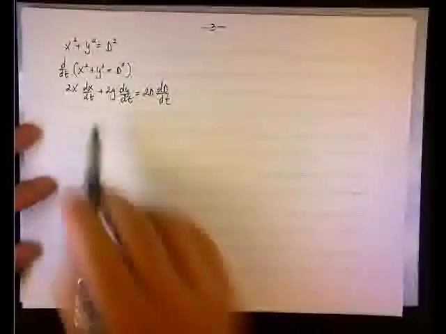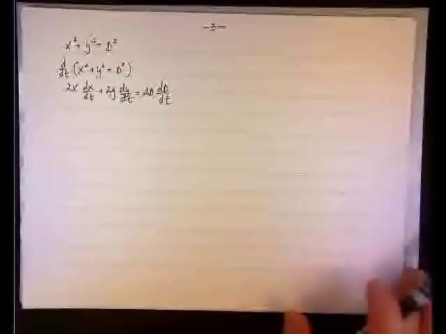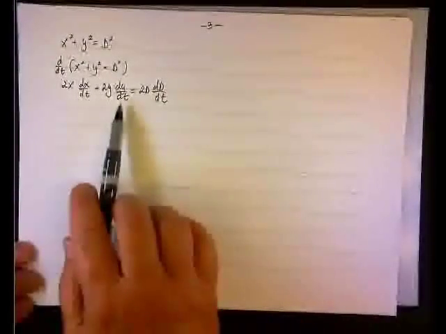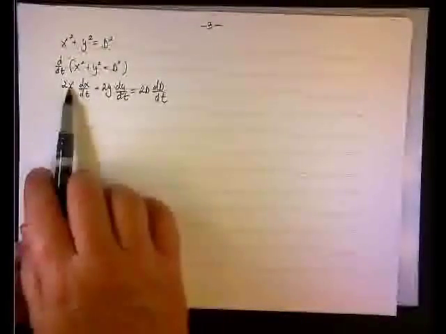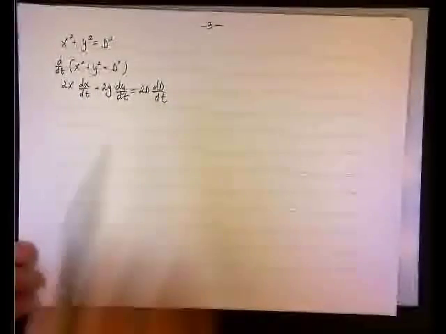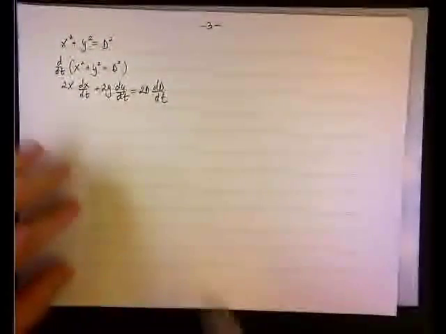So here we have three related rates: dx dt, dy dt, dd dt. We know dx dt, we know dy dt. We also know x and y. We need to find dd dt. What's missing is the d itself.